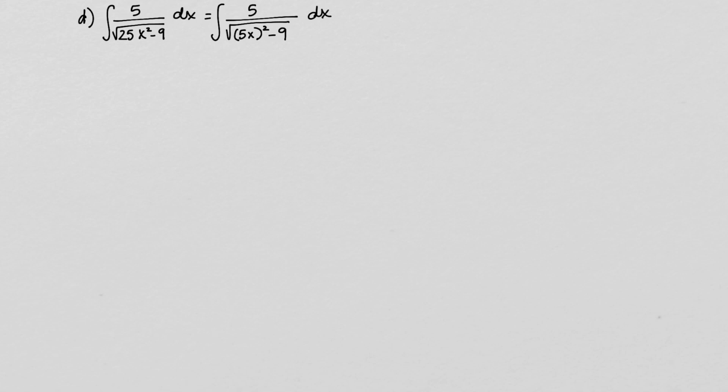So rather than just an x squared this time, I have a 5x, right? So before, when we had x squared minus a squared, what did we sub? We would say that x was equal to what? Not tangent, but x was equal to which trig function?